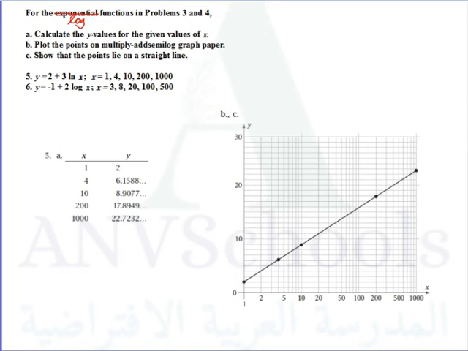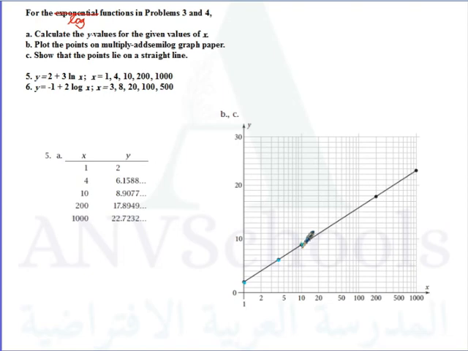If x is 1, then we have 2 for y. So we have 2 here. And then if our x is 4, 6.1588. Our x is 10, 8.9077.